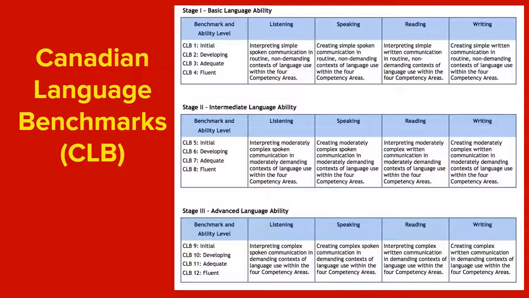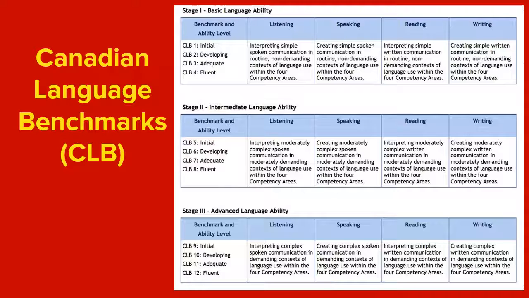Here's the third scale, Canadian Language Benchmarks. This system uses 3 stages, stage 1, 2, and 3, and each stage has 4 levels within it. And they have descriptors for what learners can do at the listening, speaking, reading, and writing skills.